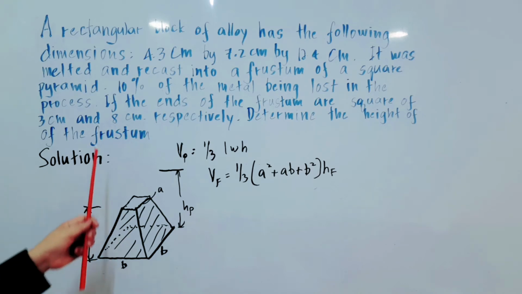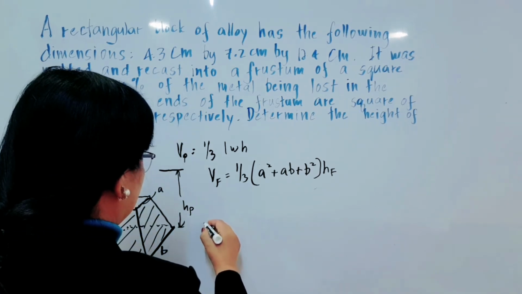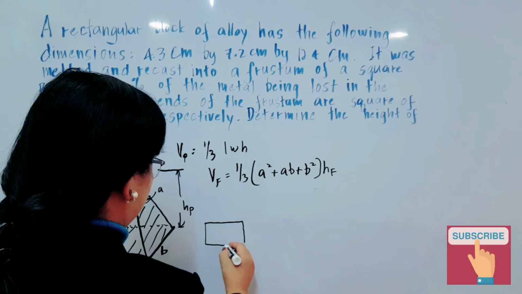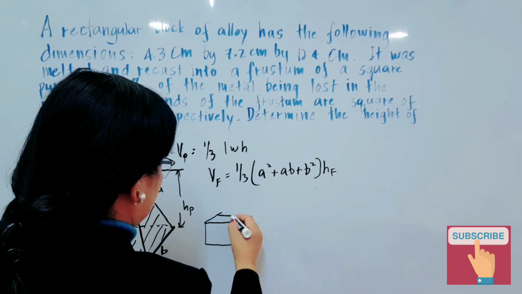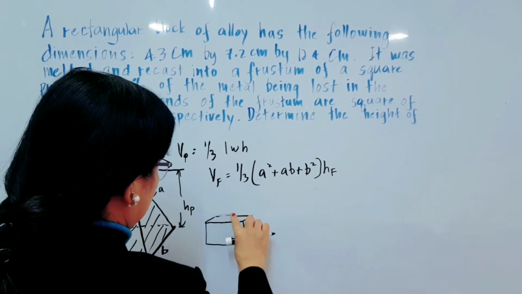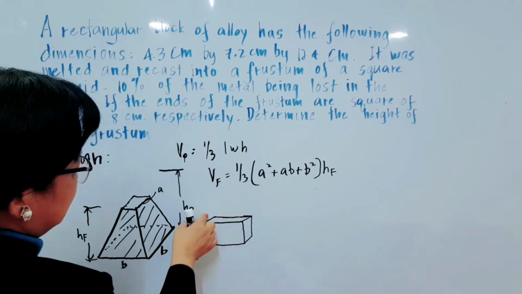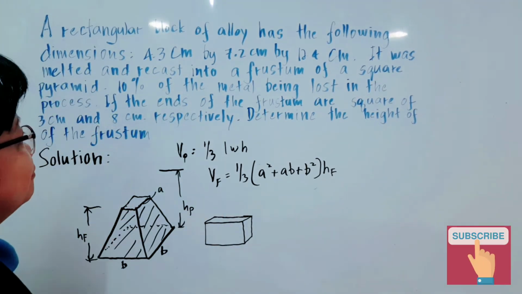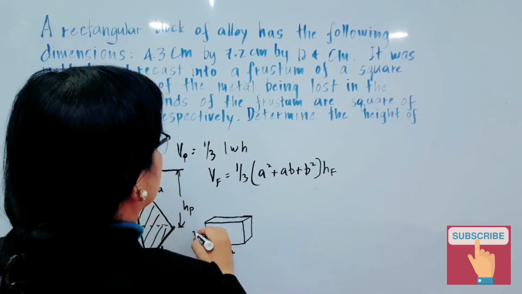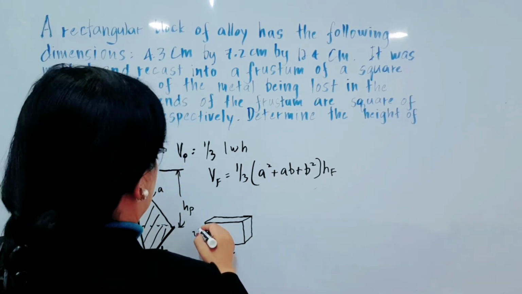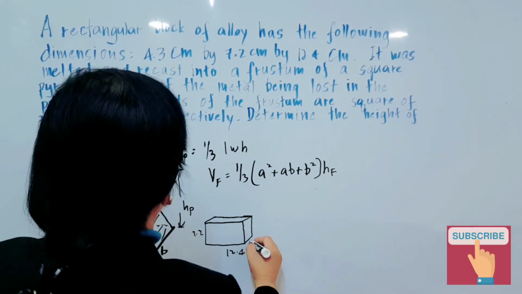First, when it was a rectangular block, it had dimensions of 12.4, 7.2 and 4.3.